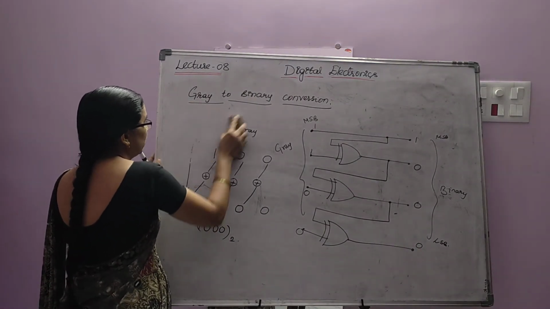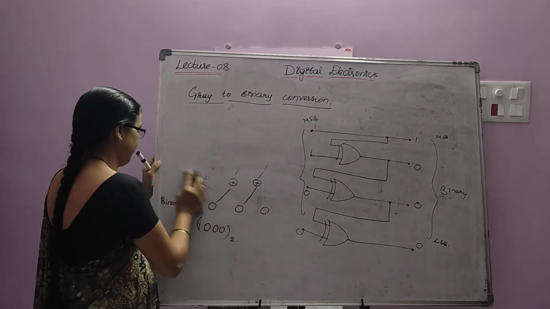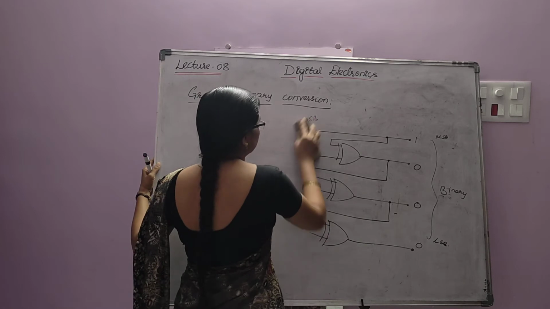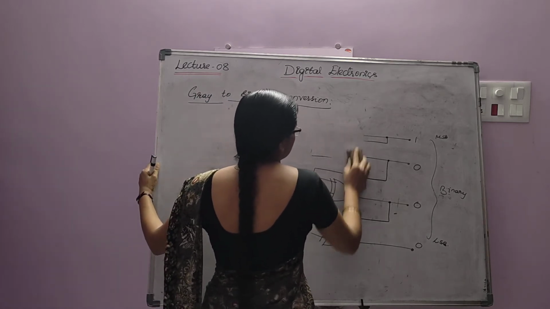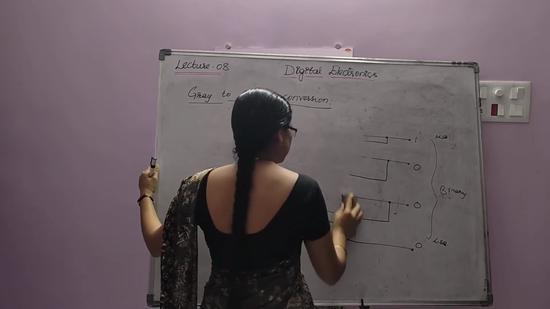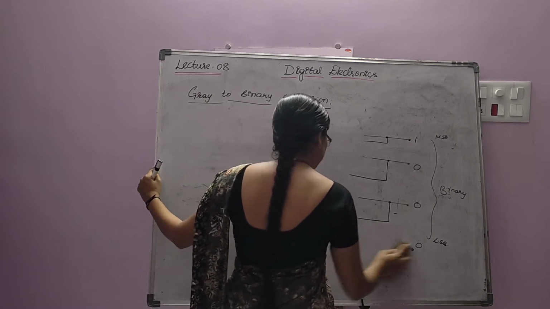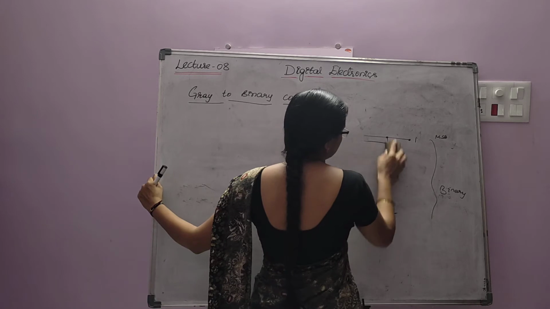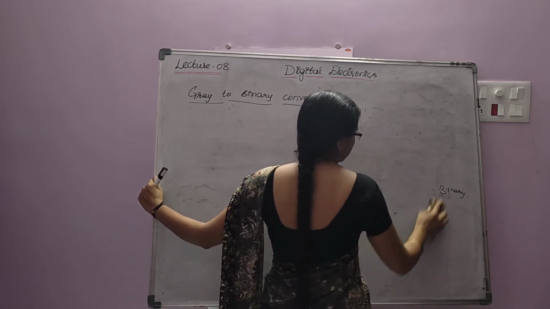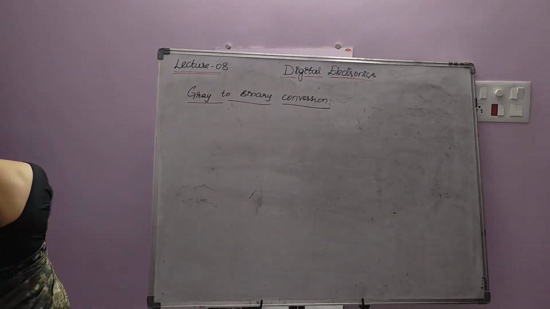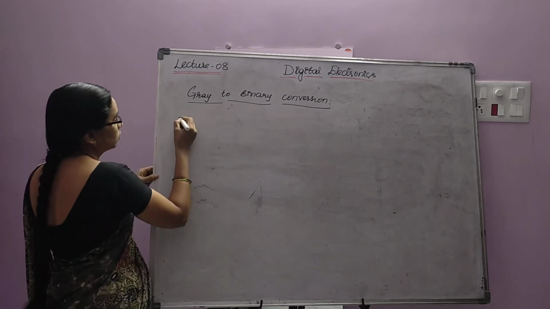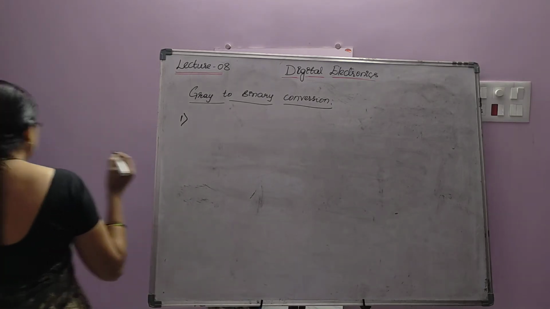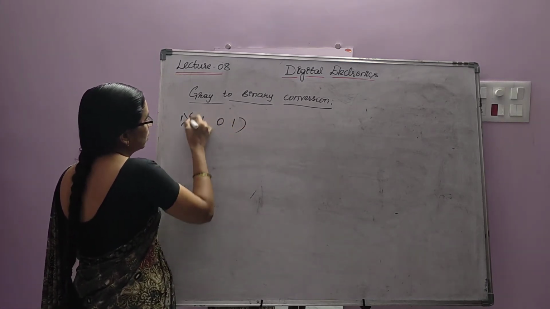Let us solve some more problems on gray to binary conversion. I take one from the book, 1101 is a gray code.